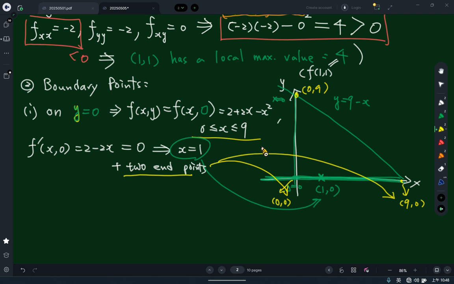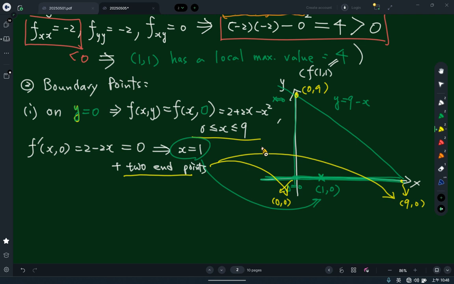One is (1, 0), the interior point for this interval. And we also need to consider 2 endpoints, which will be 0 and 9.